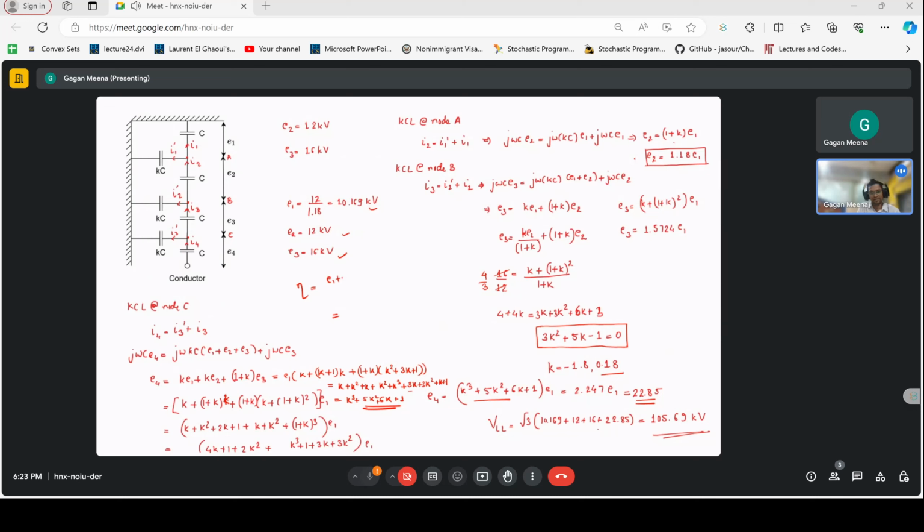Let us calculate 10.169 plus 12 plus 16 plus 22.85. So this is 61.019 divided by 4 into 22.85 multiplied by 100. This is string efficiency.